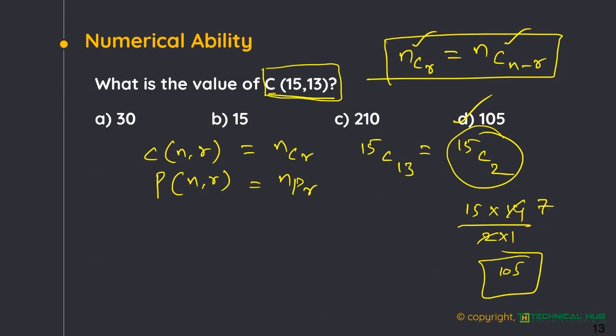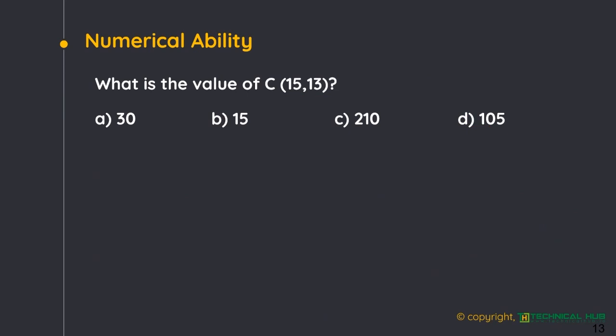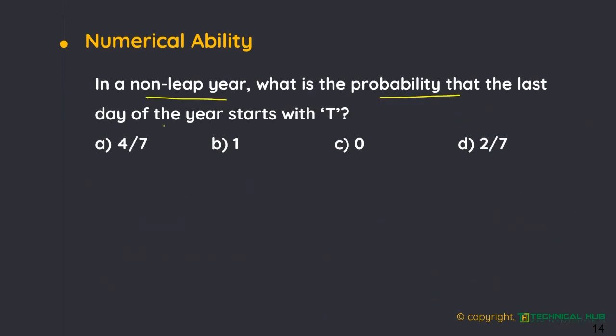Next question. In a non-leap year, what is the probability that the last day of the year starts with T? Non-leap year in the sense exactly 52 weeks. Every non-leap year consists of 52 weeks plus 1 day extra.